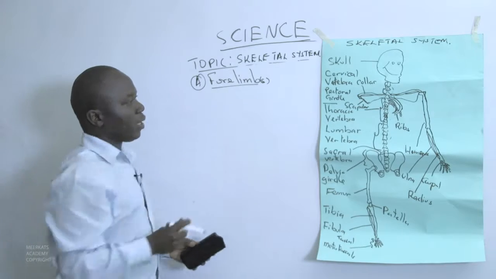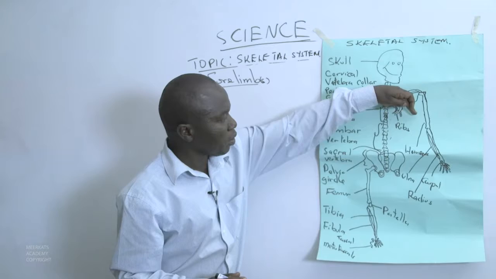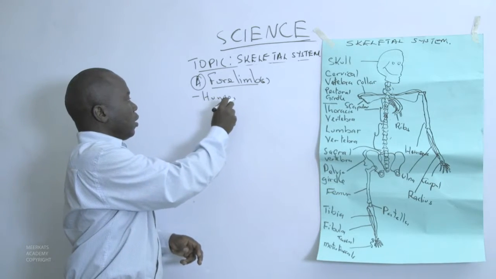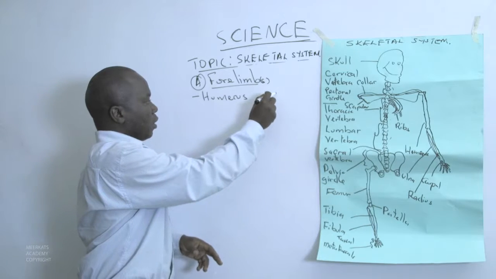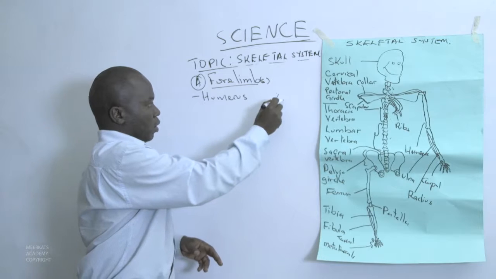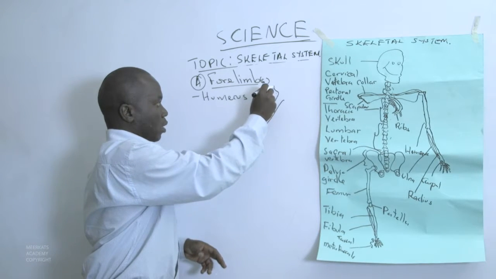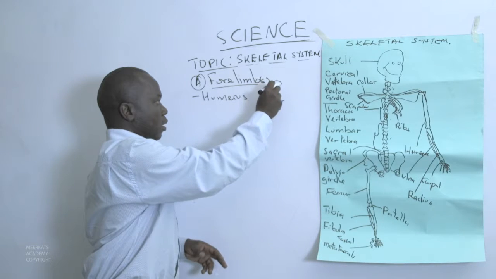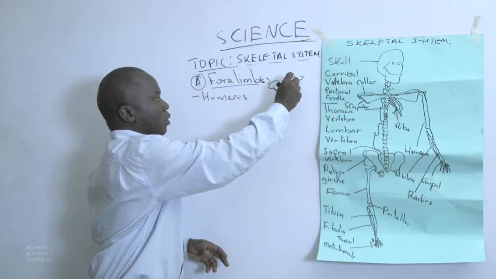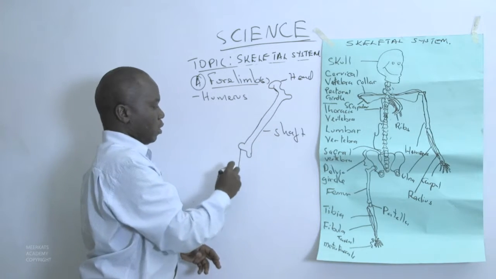If it is one forelimb, the forelimb consists of a long bone called the humerus. By a sketch, this bone has a head region, shaft, and condyles.